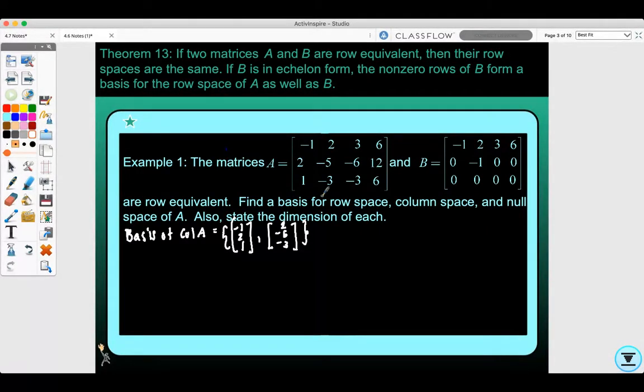And the dimension of Col A is 2 because of the number of pivot columns. Now the basis for Row A is the first row and the second row by theorem 13. The dimension of Row A is also 2.